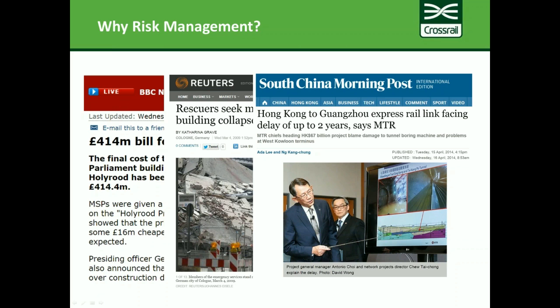This is an organisation that has an excellent record in delivering big projects in and around Hong Kong, and it was hit by this significant risk on their project. So these risks are real, and I've used these examples all the way through my time at Crossrail just to make sure that people are always thinking about risk and taking action to manage it.